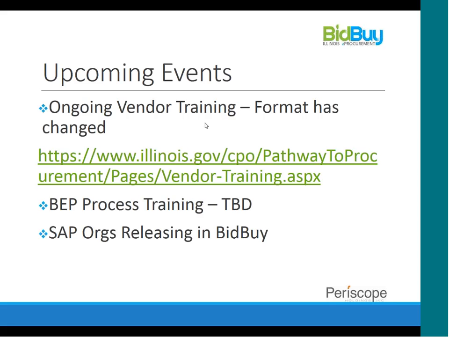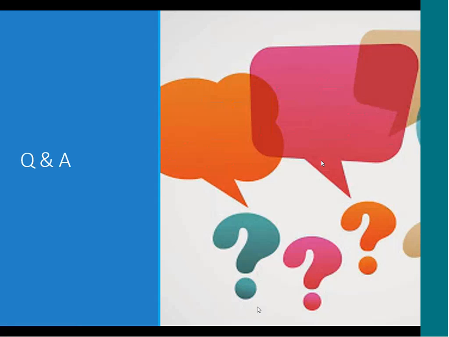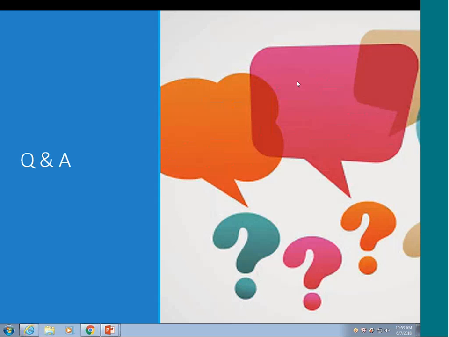And then our BEP process training and SAP orgs releasing in BidBuy training will be scheduled over the next month, so stay tuned for that. And with that, that ends the presentation for this morning.